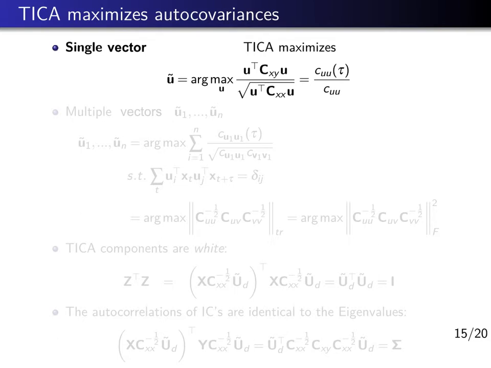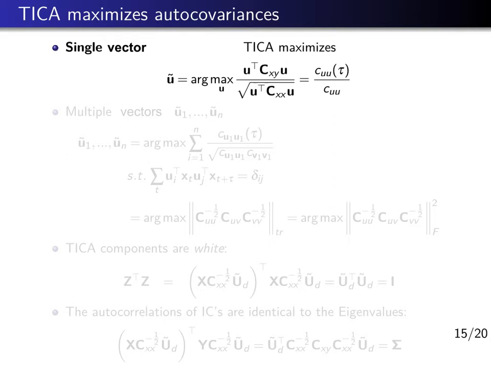And TICA finds the latent space vector u that, if we project our data on it, maximizes the time autocorrelation. And that is very easy to understand now. So we take our high-dimensional time series, we find a vector u, we project the data onto this vector. So we compute the scalar product of every single state x_t in time with that vector, and then we get a one-dimensional time series.